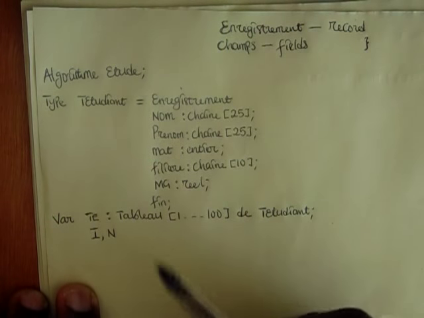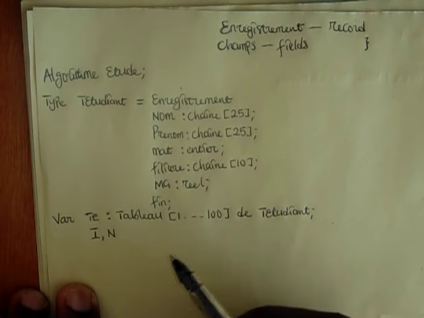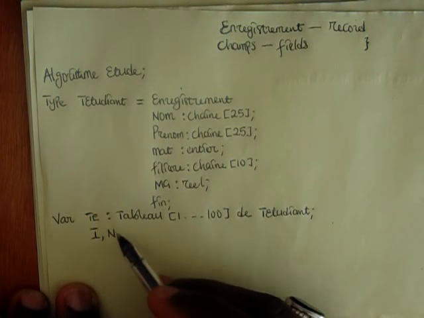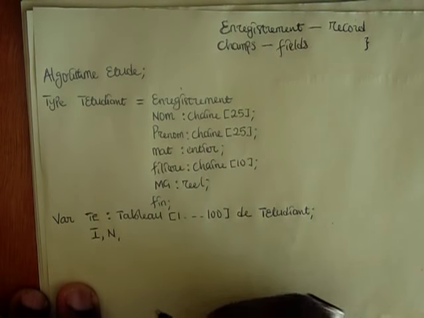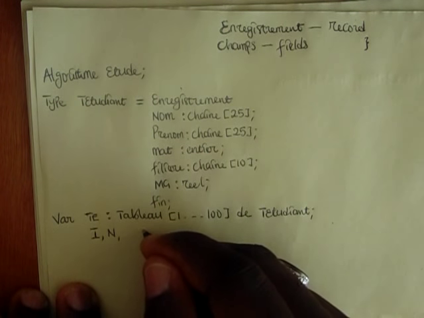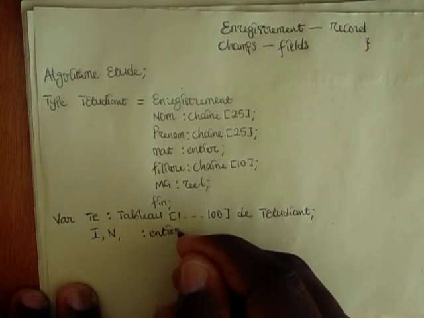Let's say the person wants to calculate for 10 students. Yes, the table can contain 100 students, but he or she chose 10 students. So we use N to run through and calculate for the amount of persons the user chose. Then, what type is it? It's an integer.